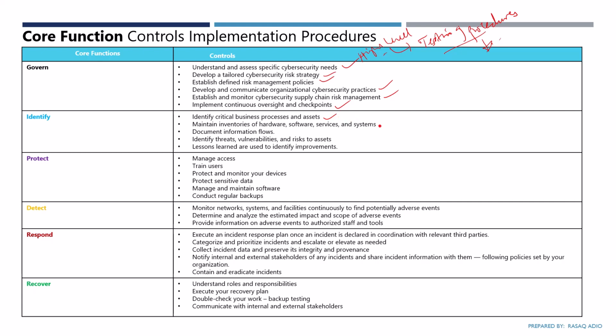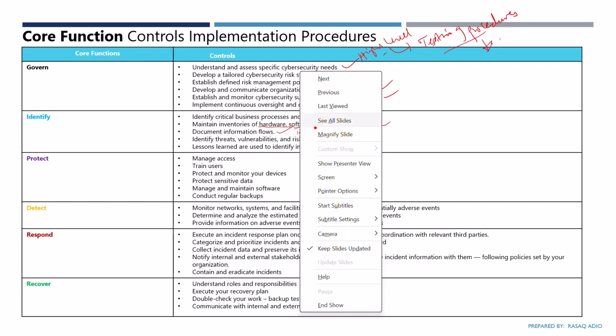And then again, we move on to maintain inventories of hardware, services, and systems. After you identify assets, you have to be able to keep their inventories, that is, the records of those assets, systems, and services that you are actually managing. Then document information flow. How does the information flow? Because when you have a third party, there will be some sensitive information that flows from your organization to them.